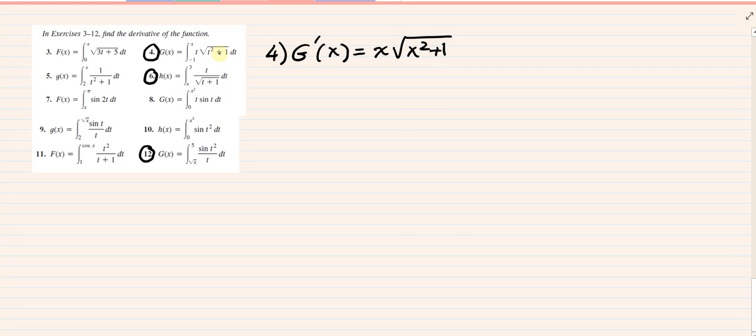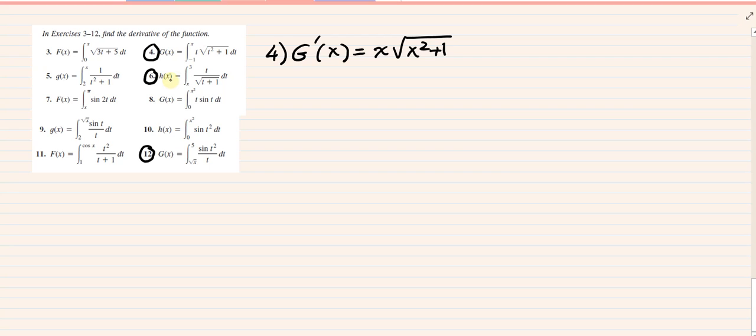That's it. So you just take these t's and replace them by x's. And notice, by the way, it doesn't matter what the number -1 is, over the interval from a to b. The answer is just going to be what we have here. Okay, but the upper limit has to be x for this to work.